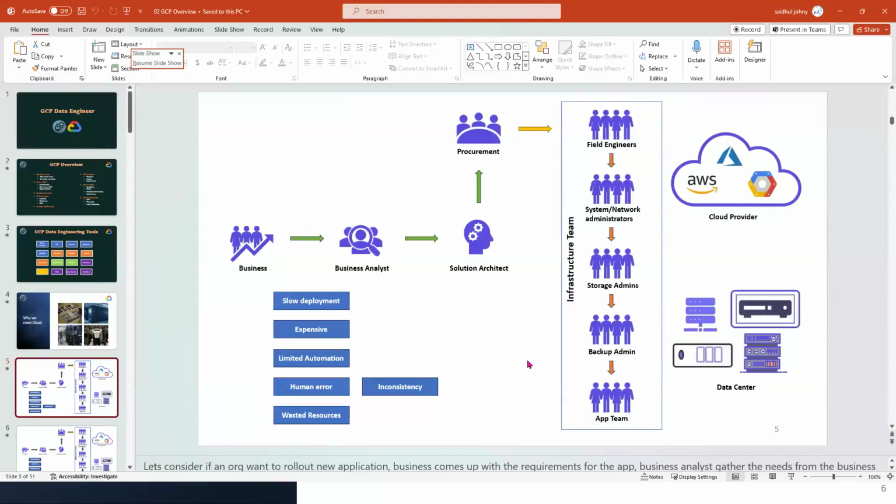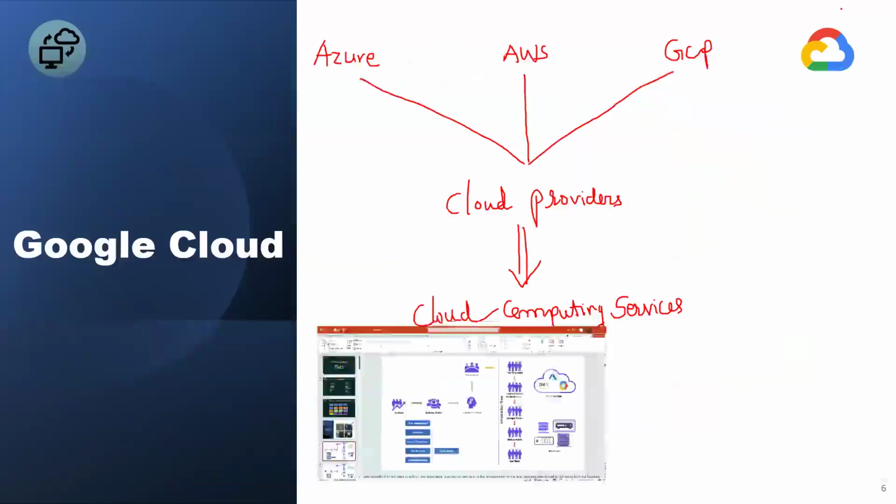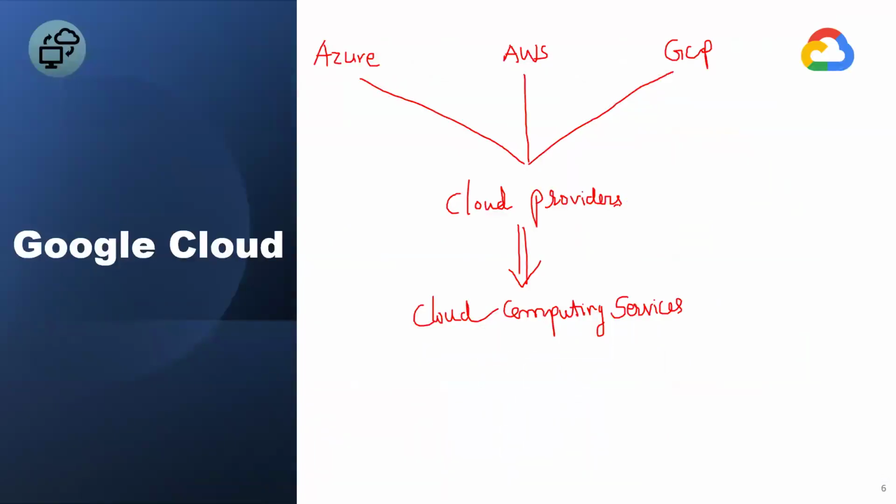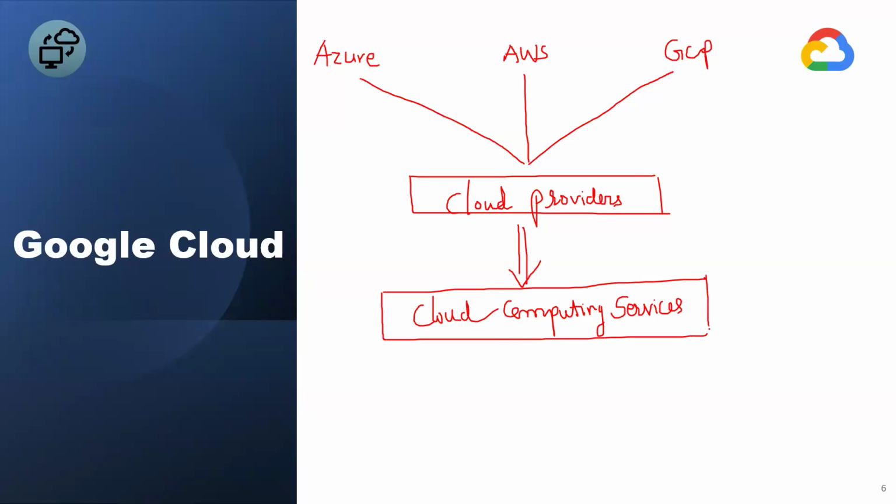That is our actual first topic, why we need the cloud platform. For now, you can try to understand this one; this is the first demo class, right? Azure, AWS, and GCP are the cloud providers. They provide you the cloud computing services. These services are very useful for the organizations.